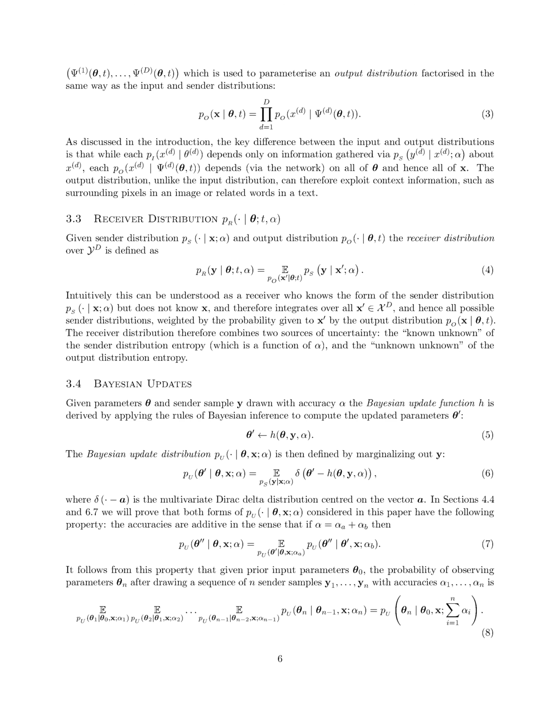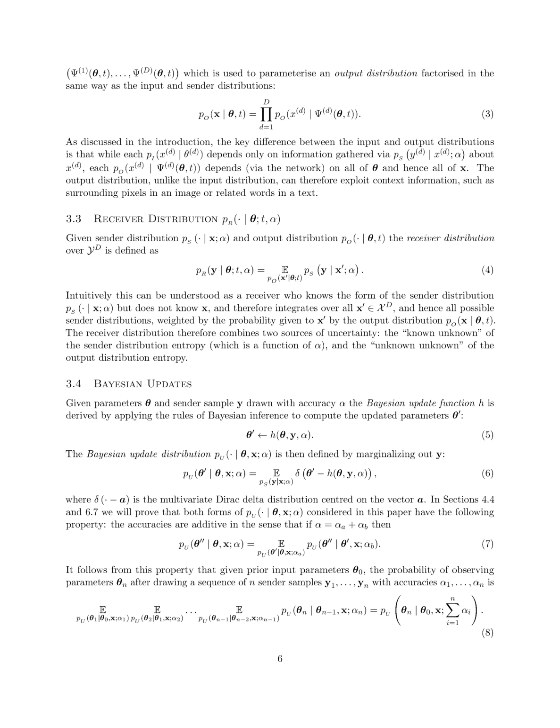Section summary. The receiver distribution, P_R(y | θ, t, α), combines the uncertainty of the sender distribution, P_S(y | x, α), and the output distribution, P_O(x | θ, t), by integrating over all possible sender distributions weighted by the probability given to each sender distribution by the output distribution. The Bayesian update function, h(θ, y, α), computes the updated parameters, θ, by applying Bayesian inference rules.